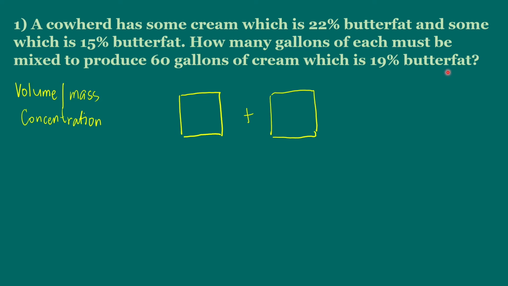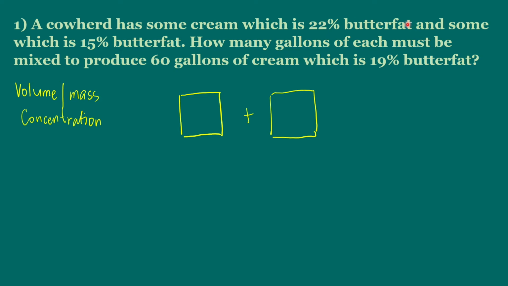As you can see, when we mix, look at the numbers, 22% and 15%. When we mix them, the resulting percentage should be within these two given. Just like 19%. We cannot mix 22% and 15% and then create a mixture higher than 22%, like 23%.